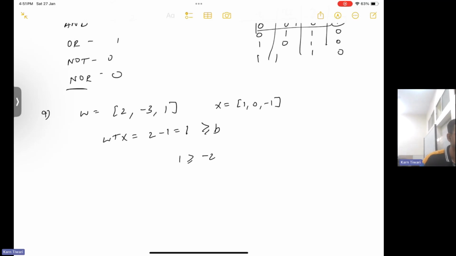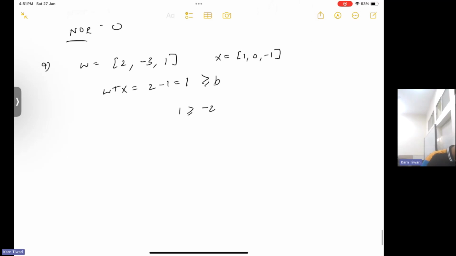So basically it was for the perceptron. For the perceptron, Y was 1 if the summation of Wi xi is greater than 0, otherwise 0, with i from 0 to n.